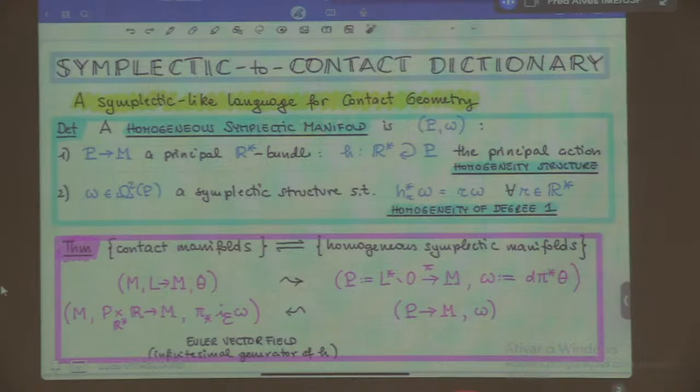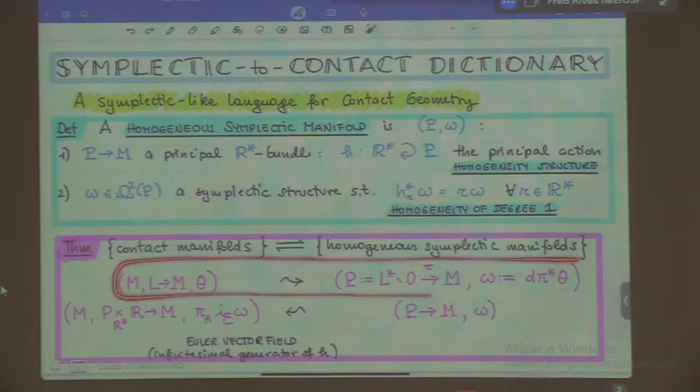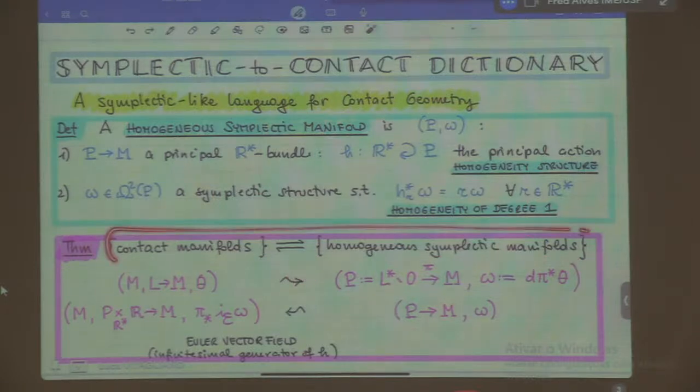But sections of the line bundle are basically the same as functions on P which are homogeneous of degree 1. And in this way, we can understand this pullback as a 1-form on P, which is additionally homogeneous of degree 1. And it turns out that its differential is actually a homogeneous symplectic structure. And this correspondence can be inverted up to isomorphism and gives this equivalence.